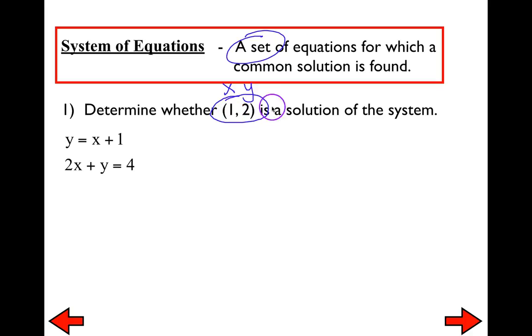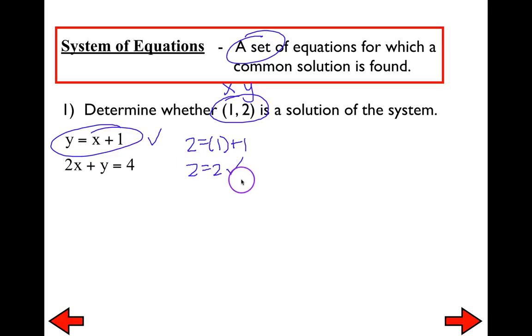So I'm going to substitute these values into each equation to see if it leads me to a true statement. Looking at this first equation, I'm going to put 2 in for y: 2 equals 1 plus 1. Does 2 equal 2? Yes, so this one is definitely a solution.